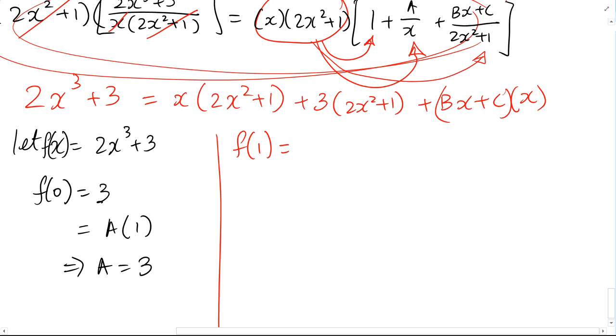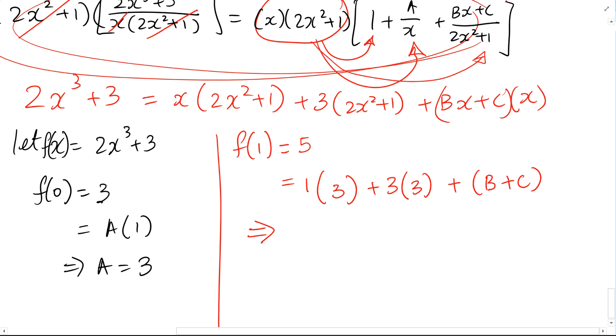Choose something convenient. So f(1), we get 5. At the same time, it equals 1 times 3 plus 3 times 3 plus B plus C. Correct? Now I have an equation. B plus C is equal to 5 minus 3, which is 2, minus 9, which is negative 7. This is my first equation.